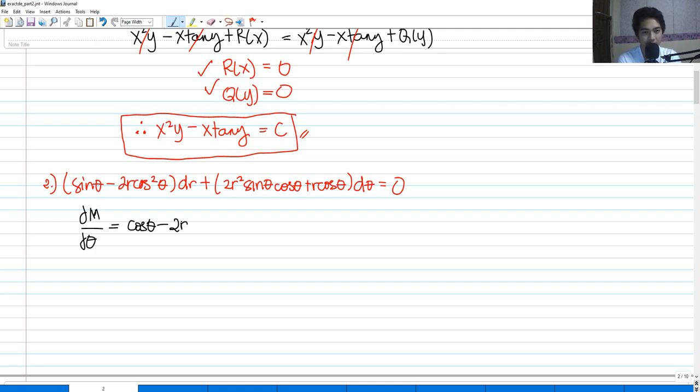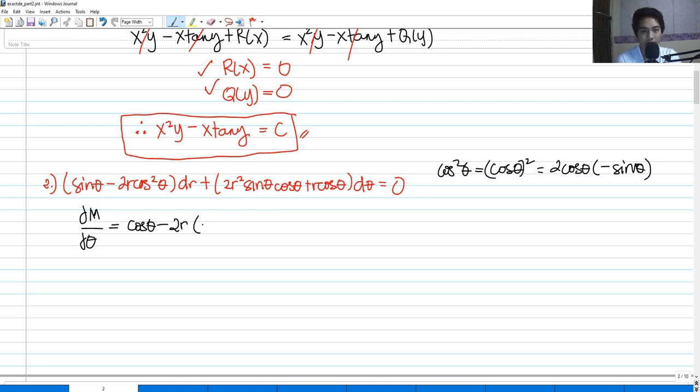So we have to differentiate cosine squared theta, which can be written as cosine theta squared. If I get the derivative of this, 2 cosine theta, and then differentiate the cosine theta, we have negative sine theta.